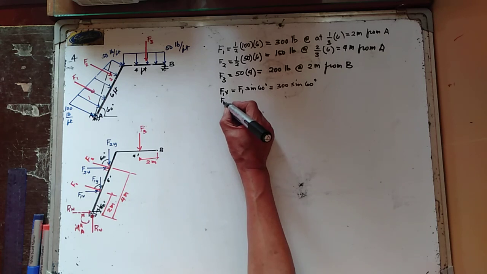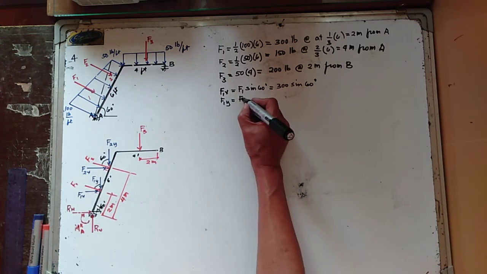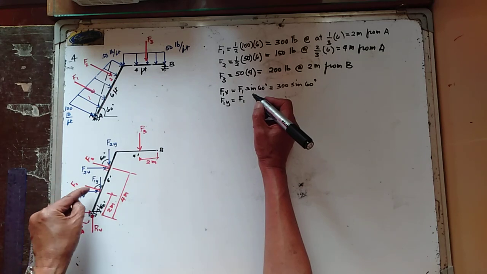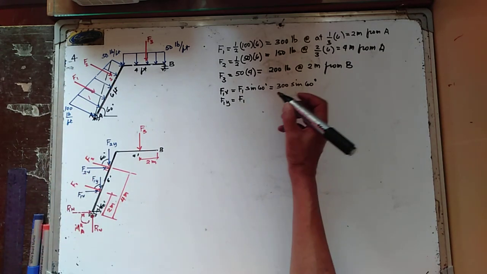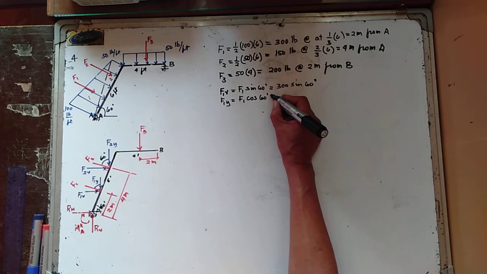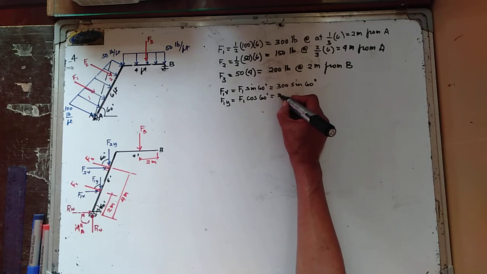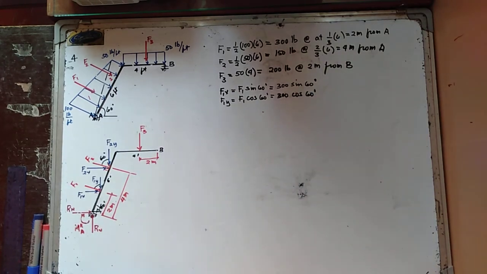Your F1y is equal to F1 cosine of 60 degrees, that is 300 cosine of 60 degrees.